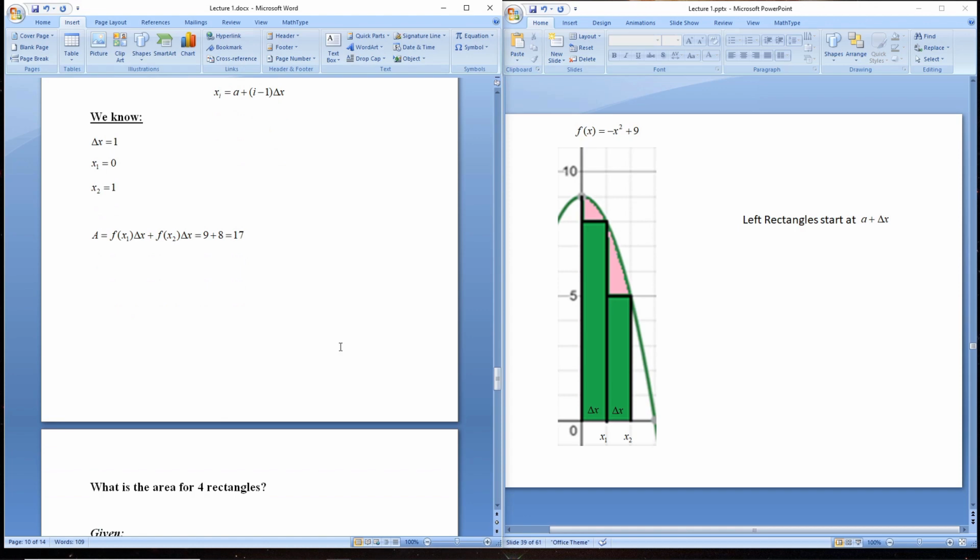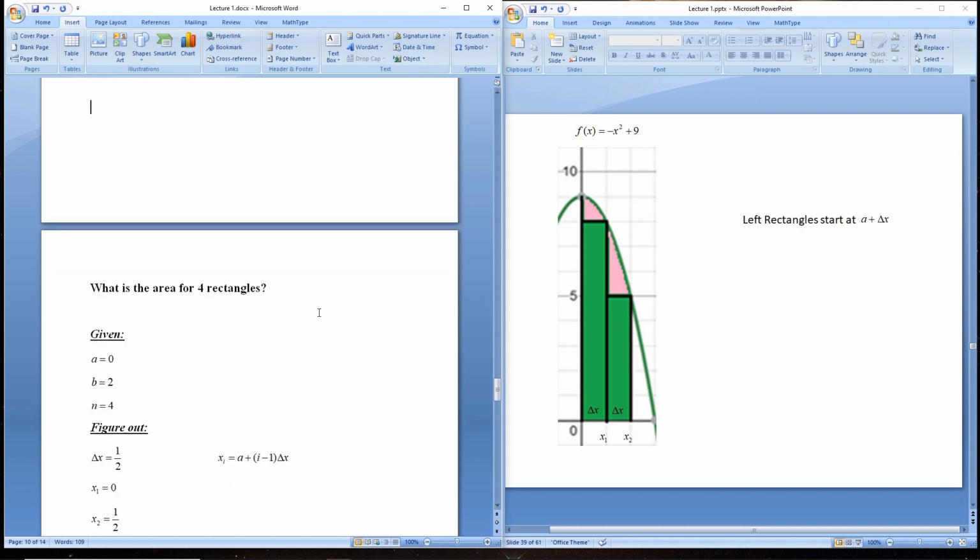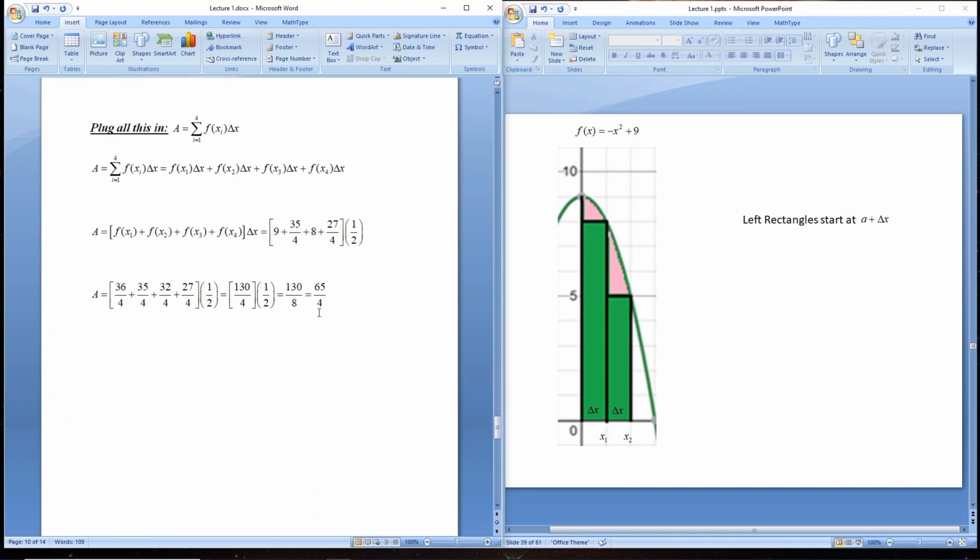Now I do want to be clear here that right rectangles don't guarantee an overestimate. It all depends on the concavity of the function. So just because you're doing right rectangles, don't connect that with always being an overestimate, because it's not always true.